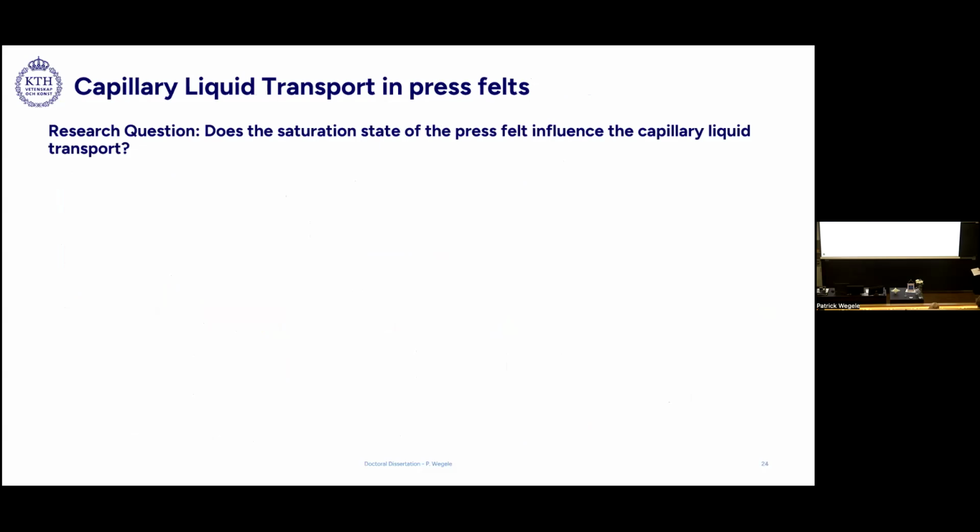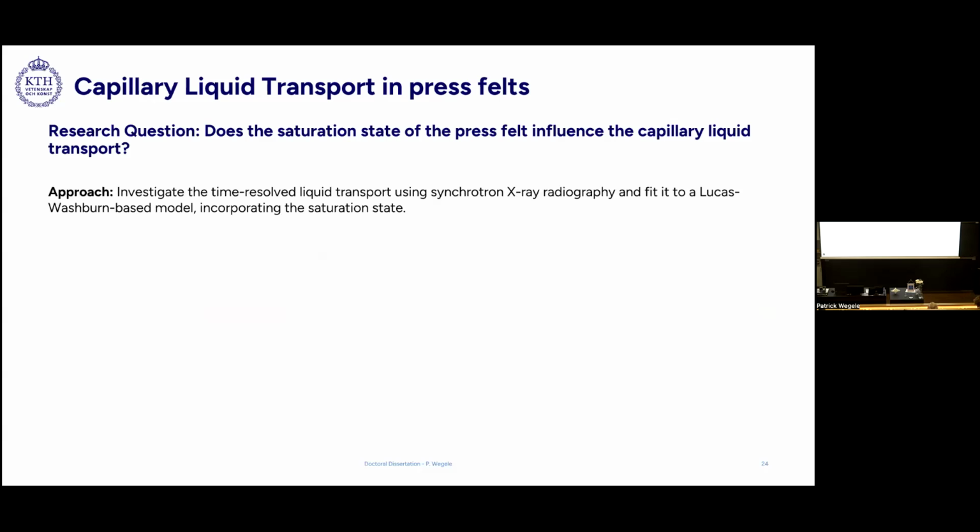So now we studied basically the static liquid distribution in the press felt. Anyway, we also had this observation from paper makers that the press nip is showing higher nip dewatering if you increase the saturation. So we wanted to study this process in another way. For such a study, we proposed using a time-resolved X-ray radiography study.